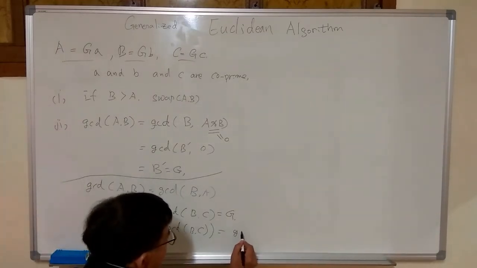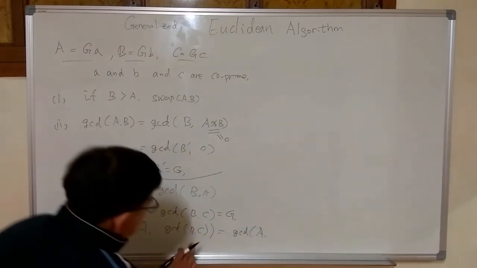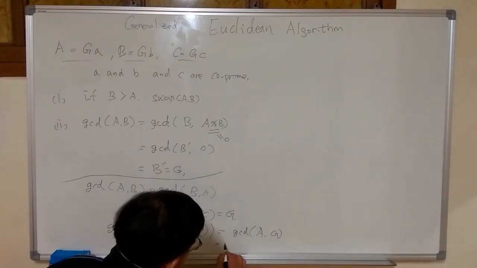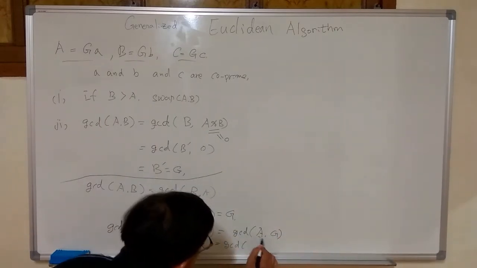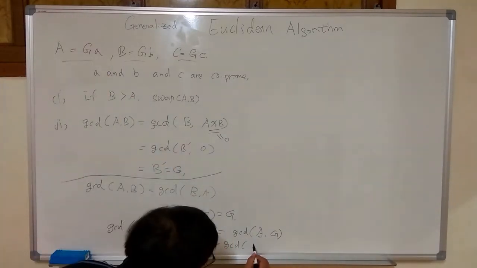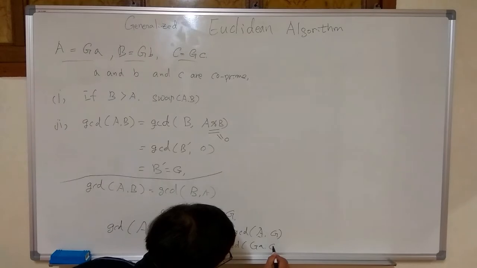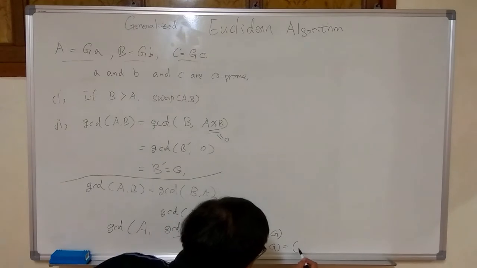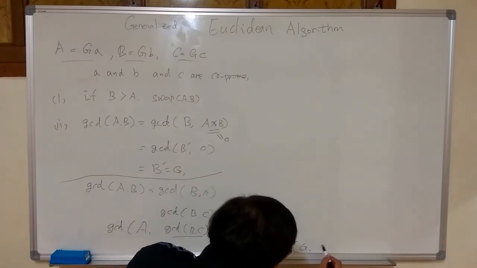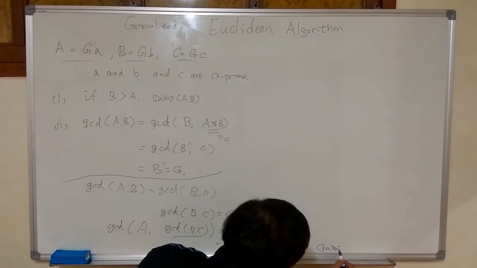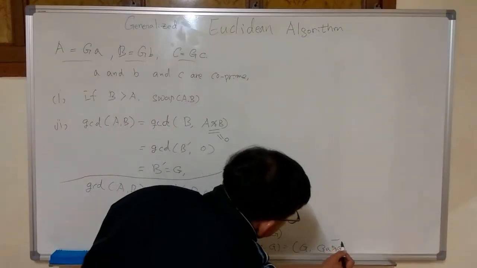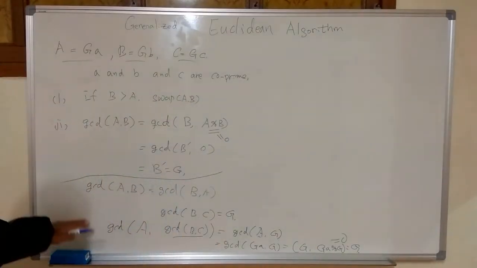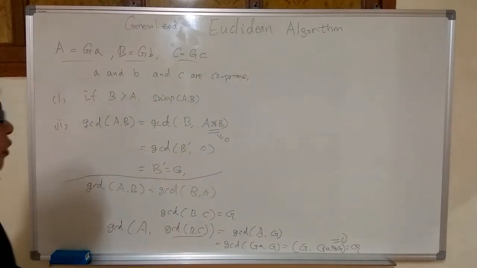Then it will be GCD(A, G), since the result of this is G. Then if we put GA, G and apply this rule, it becomes GA modulo G, which is 0. Then the result would be G. So this way we can evaluate the three numbers.